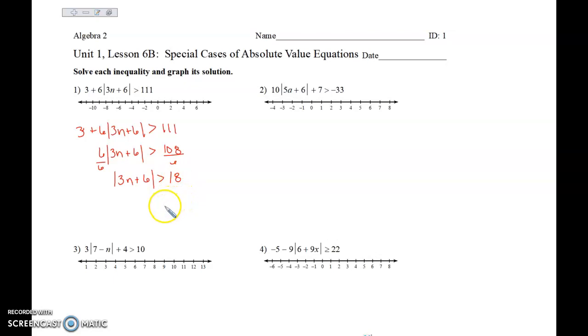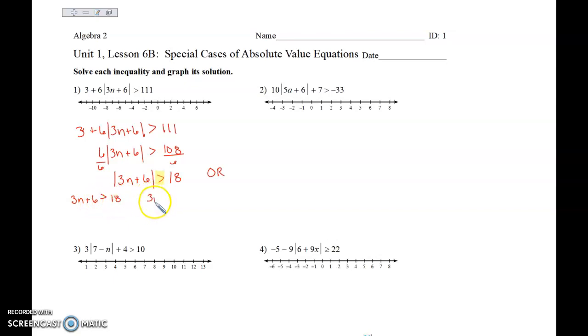Okay, so this is where you're going to apply the two rules. When you look at this symbol right here, you can see that it's a greater than, so this is supposed to be an or. Okay, so when we go to graph them, they're going to go in opposite directions. So you're going to keep it and then switch. So the KISS method. So 3n plus 6 is greater than 18. We'll solve that one out.